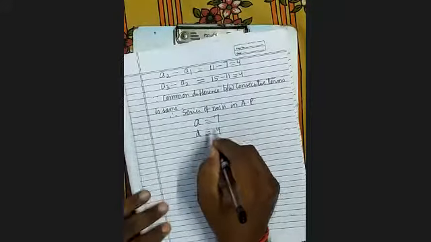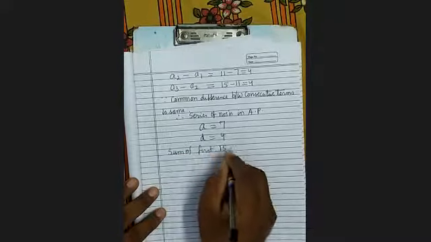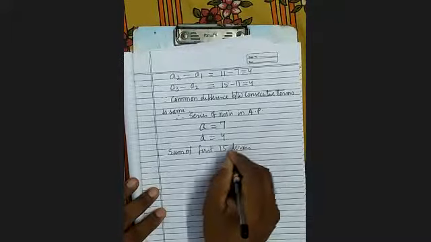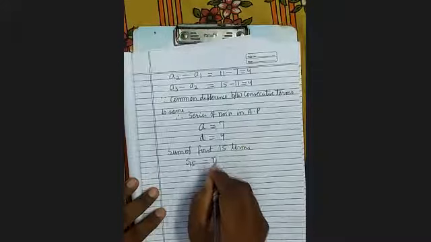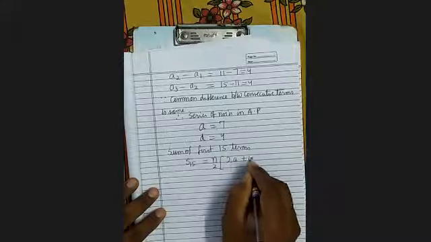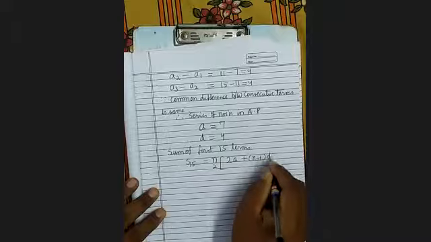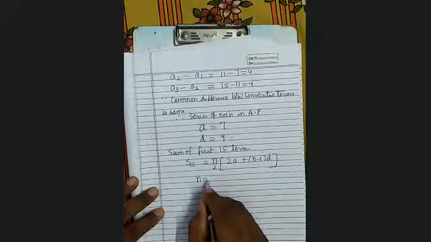Now you have to find the sum of first 15 terms. So sum of first 15 terms is n by 2 into 2a plus n minus 1 into d. What is n here? 15.